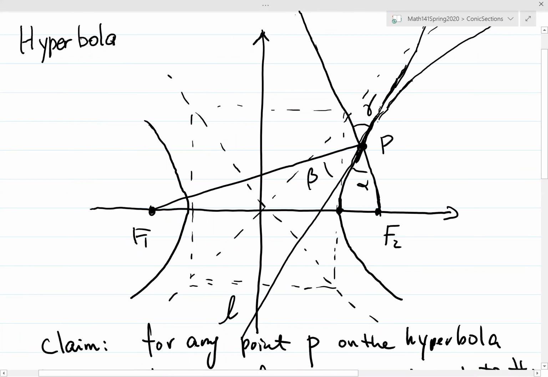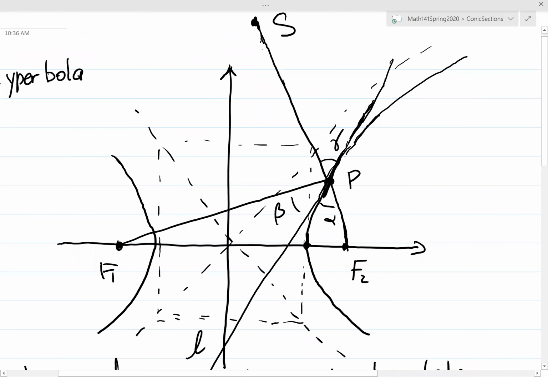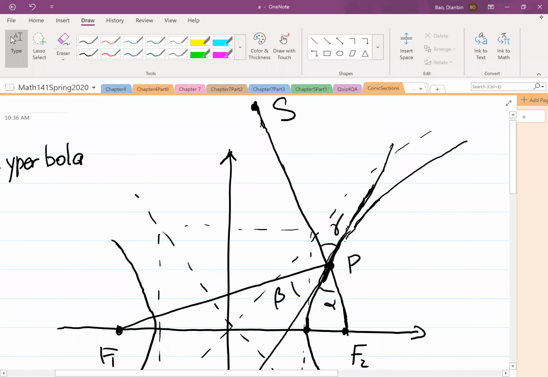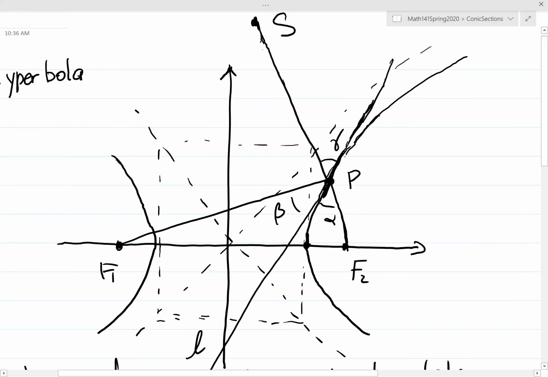Now the application of this: if you create a surface of hyperbola and put the focus F2 in the direction of the sun, then the reflected light will focus on one point. You see the word focus?